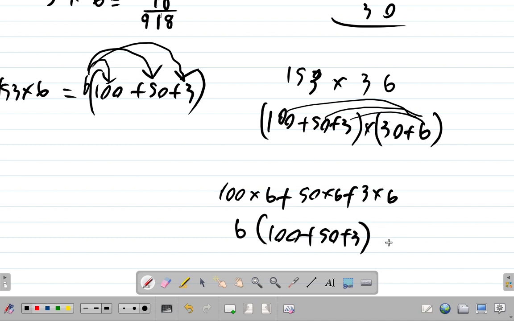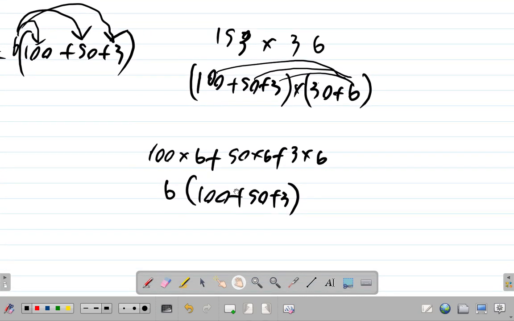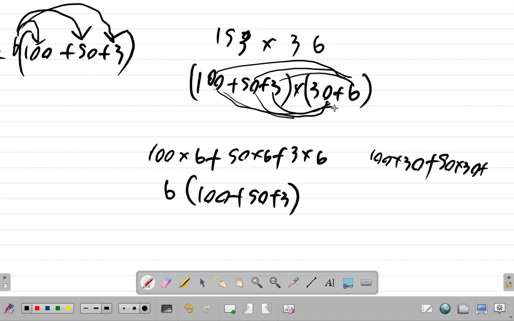And then you deal with the 30. 100 by 30, plus 50 by 30, plus 3 by 30. So what you really do is 30 times 100 plus 50 plus 3. So you do them separately and add.